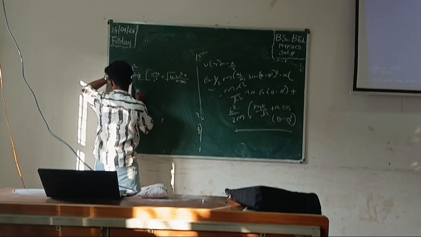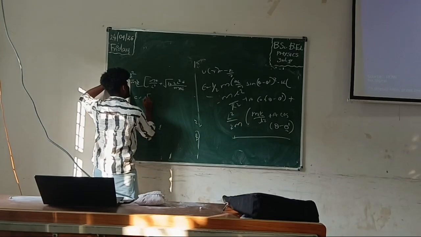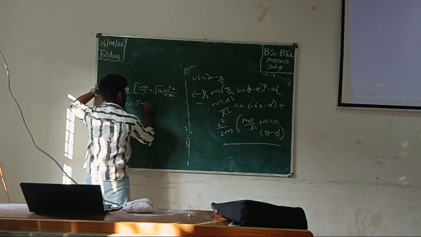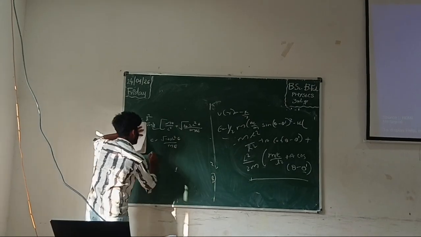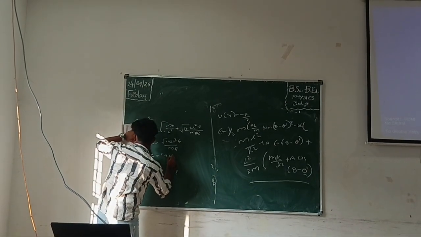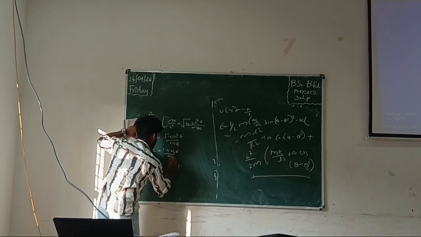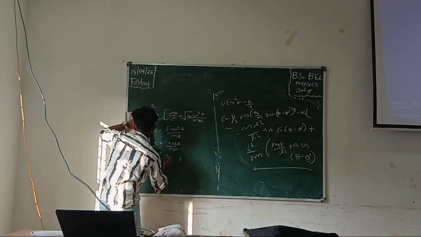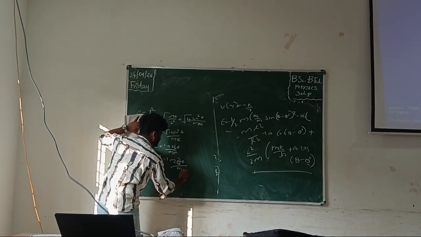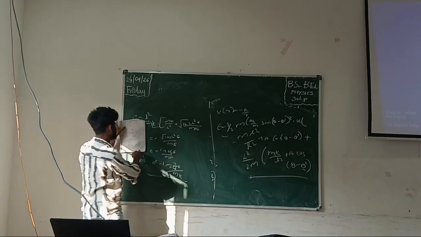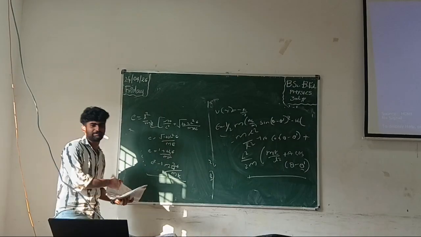So e square is equal to 1 plus 2 L square E by m k square, and e square minus 1 is equal to 2 L square E by m k square. So we reach the e square minus 1 equation up to now.